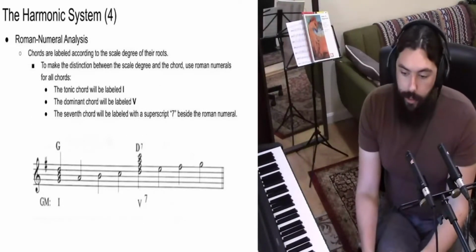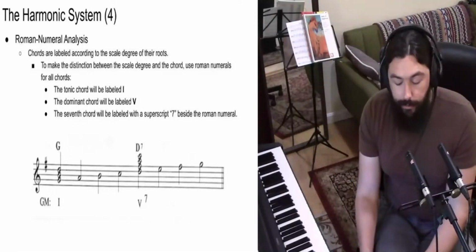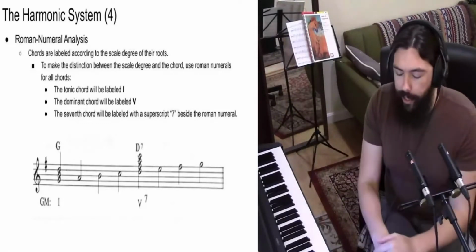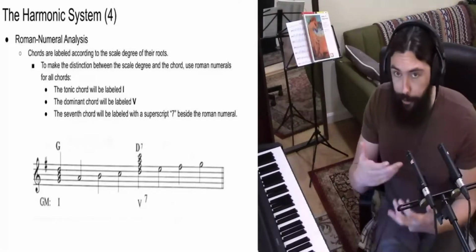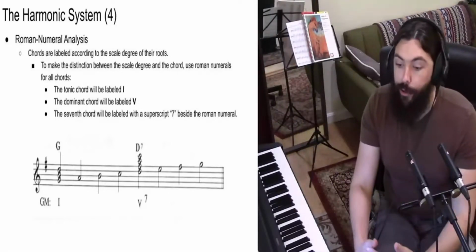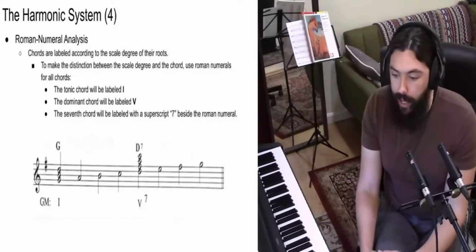Moving on here, let's talk about a little something called Roman numeral analysis. If you take a music theory class, you're going to encounter this in much more detail. So this is just a light introduction to Roman numeral analysis.